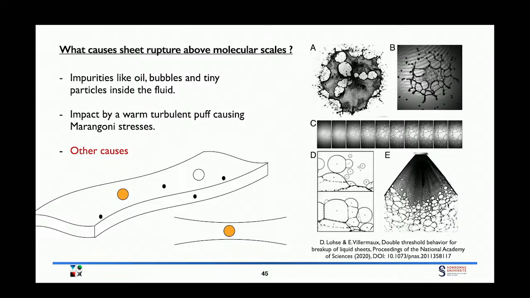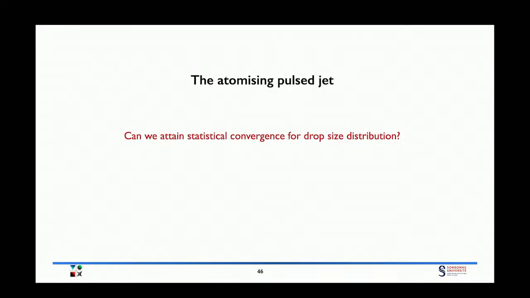Also tiny particles inside the fluid, or bubbles inside the fluid, or there is one speculation that a warm turbulent puff could impact a thinning sheet and cause Marangoni stresses that would cause it to rupture. There could be other causes, but we see that sheet rupture often happens above the molecular scales because of some of these factors. So we ask ourselves: can we obtain statistical convergence which has the sheet rupture, the ligament rupture, and large scale atomization?